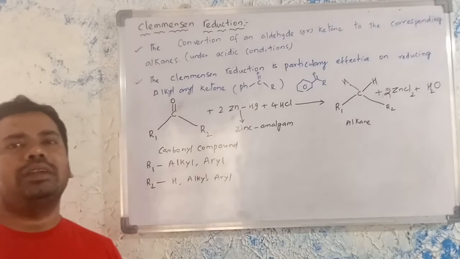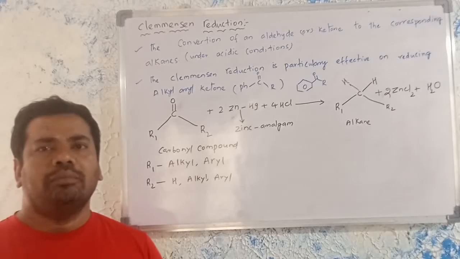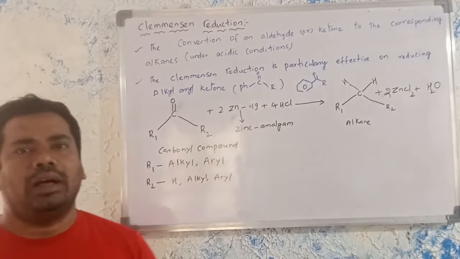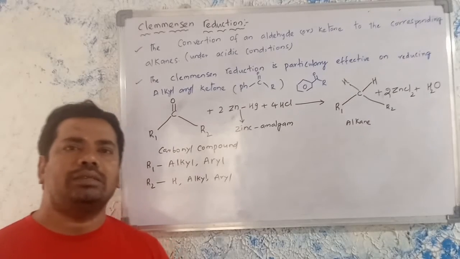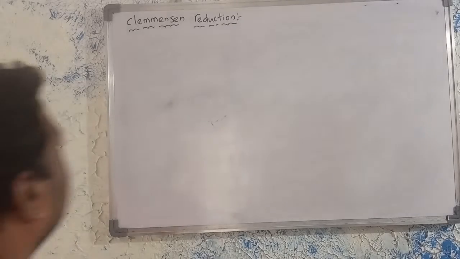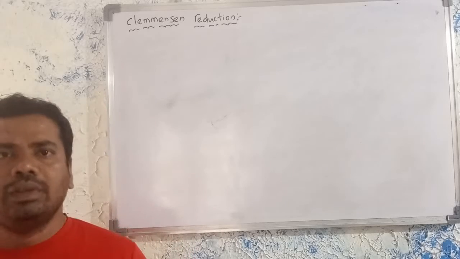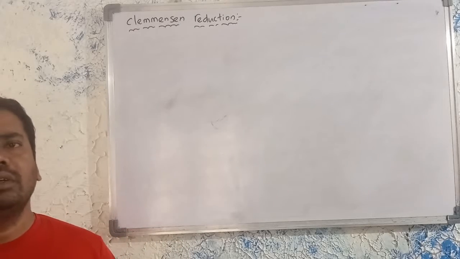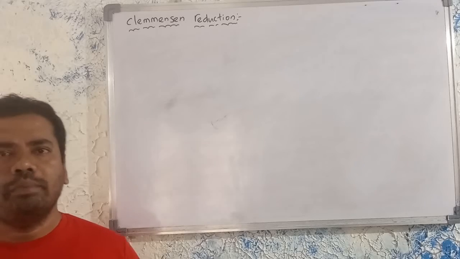The possible mechanisms of the Clemmensen reduction reaction are the carbanionic mechanism and the carbenoid mechanism. We will see the mechanism of the carbanionic pathway.